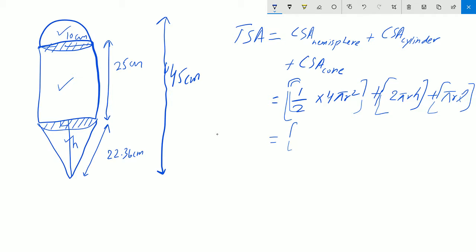So we get 2 into pi into r squared. R is 10, so this becomes 10 squared. We'll add that to the curved surface area of the cylinder, which is 2 into pi into radius, which is 10, into the height of the cylinder, which is 25 centimeters.